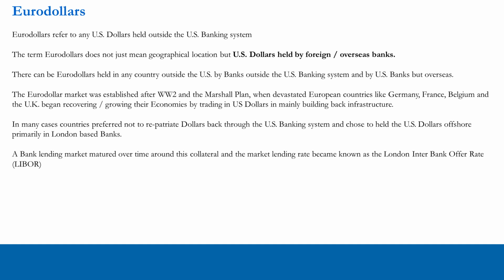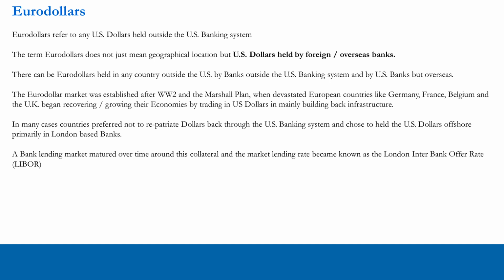Now, the euro dollar market was established after World War II and the Marshall Plan, when countries like Germany, France, Belgium, UK, that were devastated from the war, began recovering and growing their economies by trading US dollars. They were trying to build back their economies and infrastructure. In many cases, countries preferred not to repatriate dollars back through the US banking system.